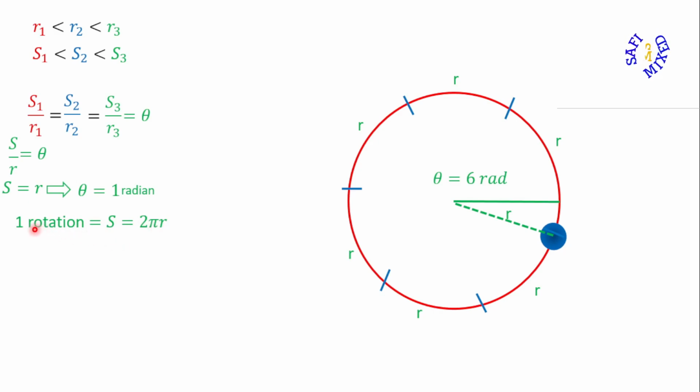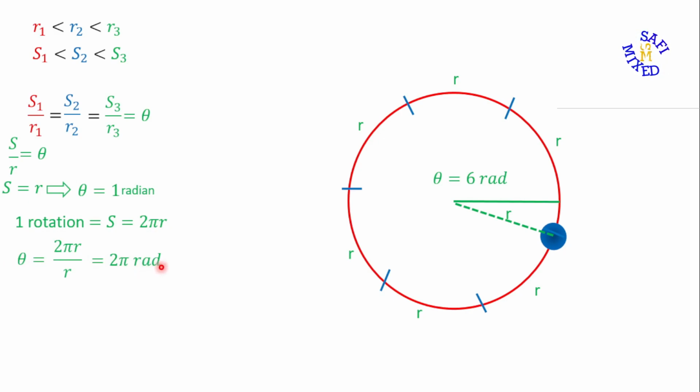Now if I substitute this value in this equation, I can write theta equals 2 pi r divided by r, and the r cancels with r, leaving me with 2 pi radian. So the angle subtended in one complete rotation equals 2 pi radian.